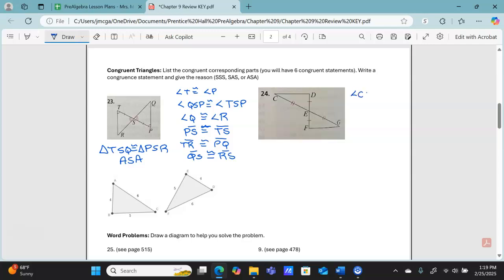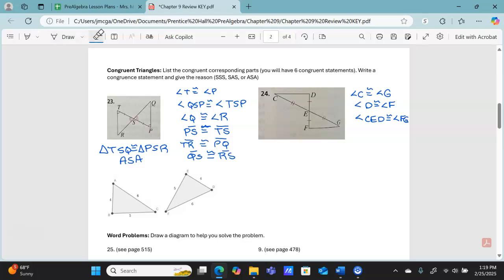Angle C is going to match up with G. Angle D is going to match up with angle F. And you may have here simply E with E. That's fine. It's CED with FEG.